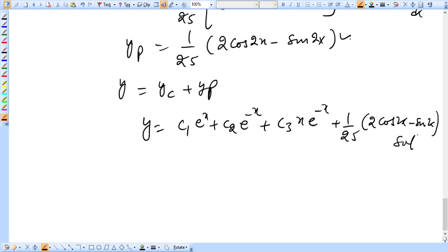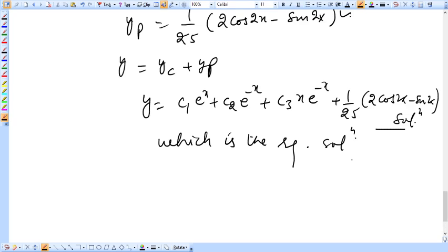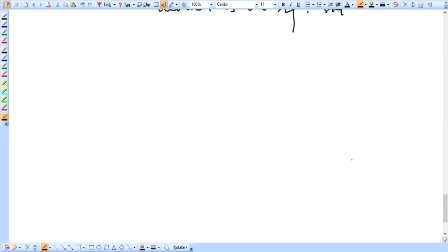This is the required solution of the given differential equation, right? So this is the first problem on this rule, when q is equal to sin ax or cos ax. Now we are going to take the second problem.